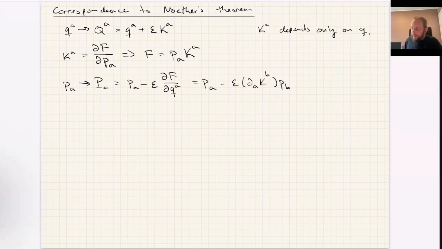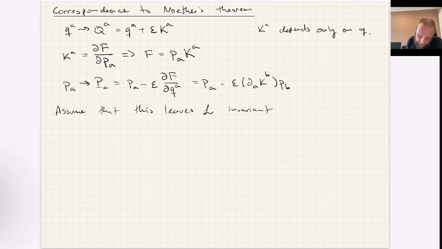So this means that I can look at what this means. I can assume that this leaves the Lagrangian invariant.